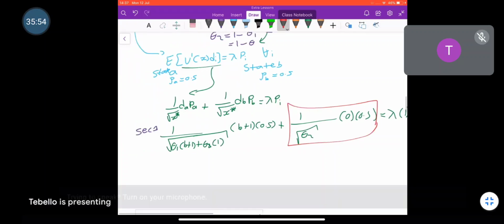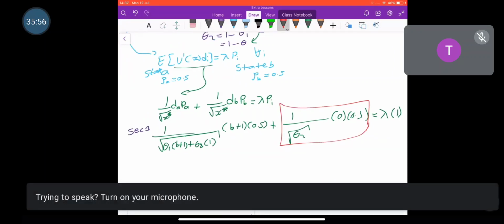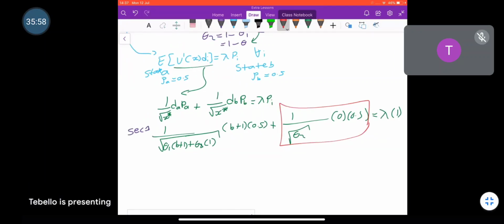Again, we have already said that theta 1 is going to be equal to theta, and theta 2 is going to be equal to 1 minus theta. So we can try to simplify these things over here.